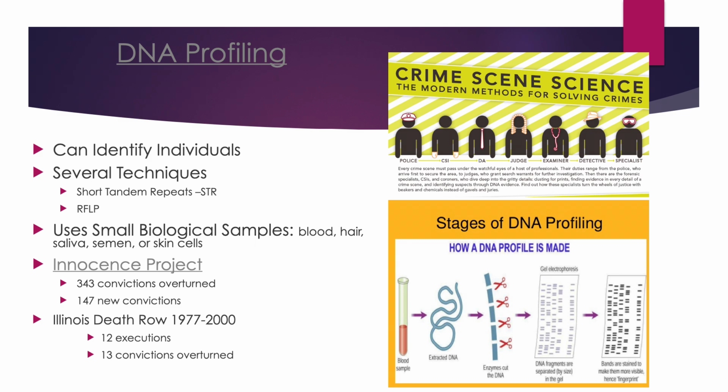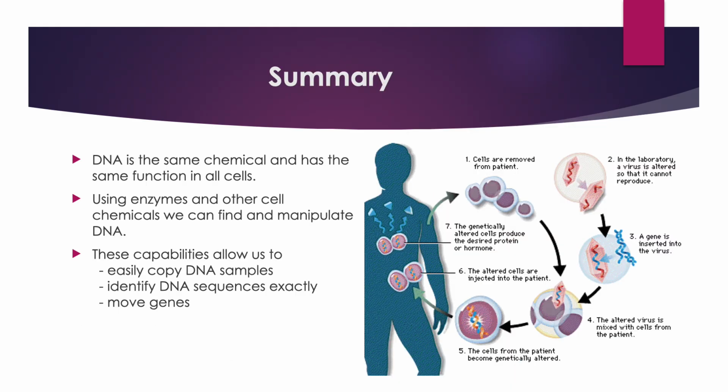We recognize that lots of these convictions are faulty, and so we re-examined that, and we don't do that anymore. So really, really powerful techniques, new forms of evidence that can be used in lots of different ways in agriculture, in medicine, and in criminal justice.